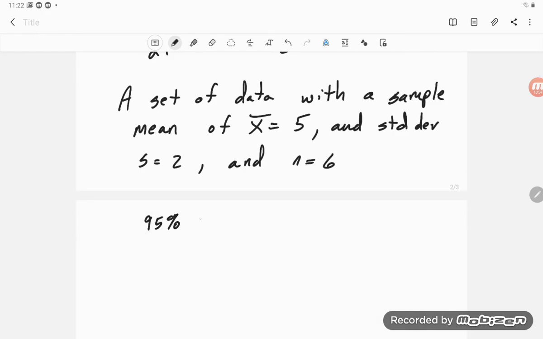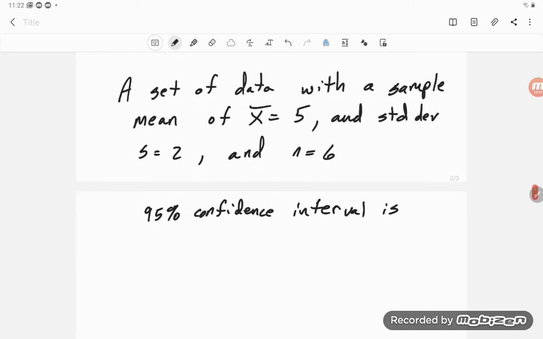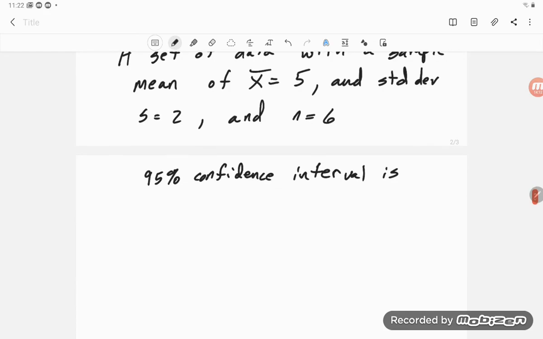95% confidence interval is, well, okay, so what you got to be careful here, because it's saying standard deviation is 2, right?